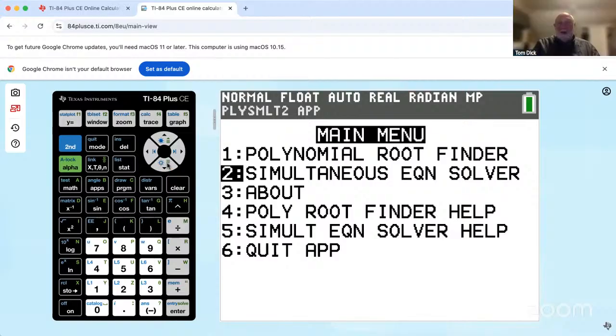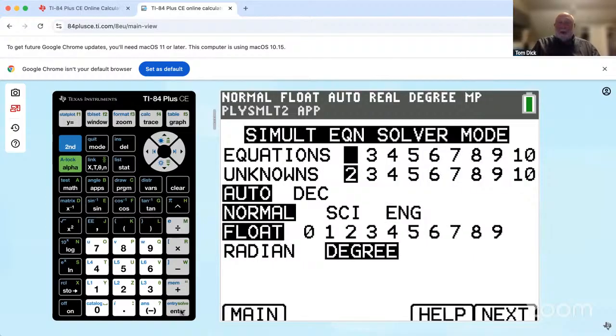Let's go with 2 equations, 2 unknowns. We could have done 3 equations, but we were easily able to find that c was equal to 25, so let's go with 2 equations. Basically it's next. Well, we could go to decimal if we wanted to make sure that we got our decimal values.